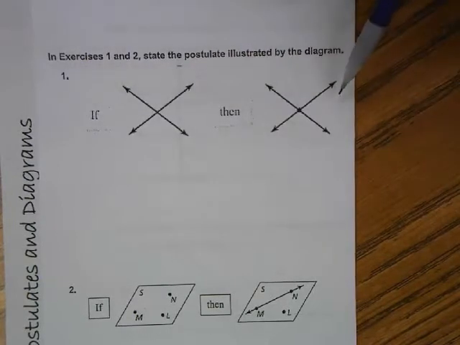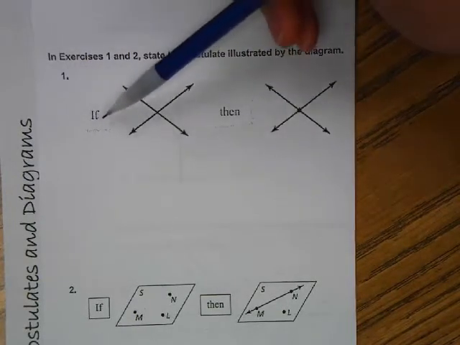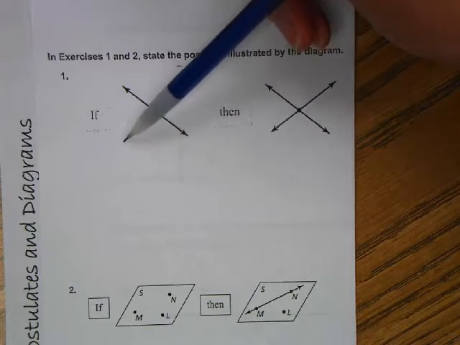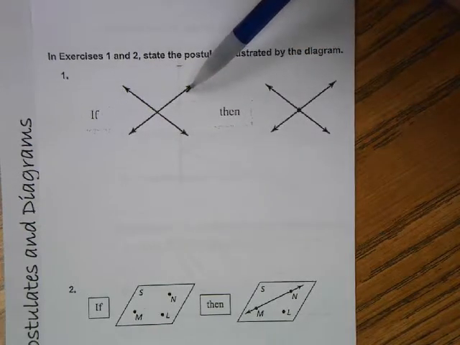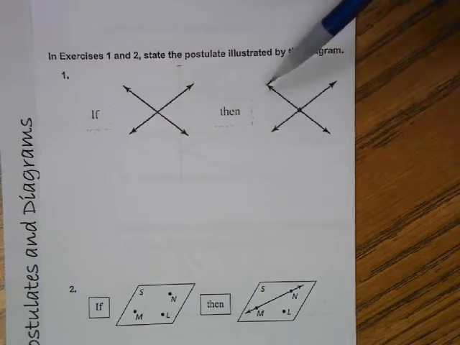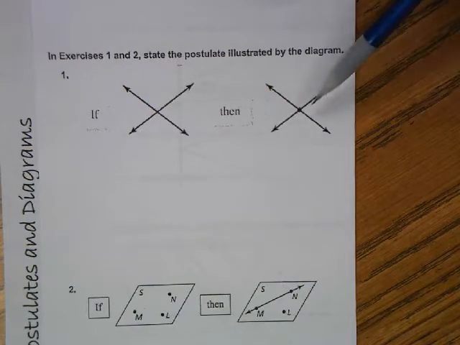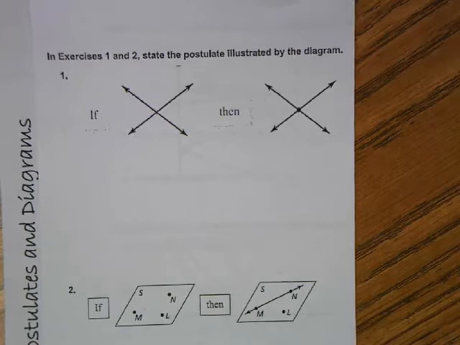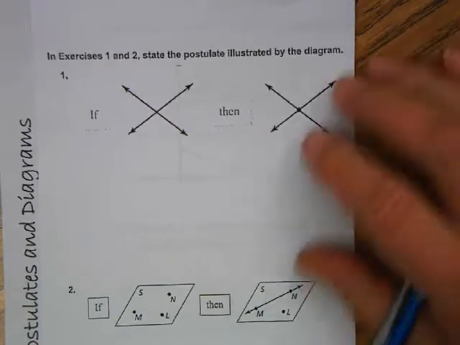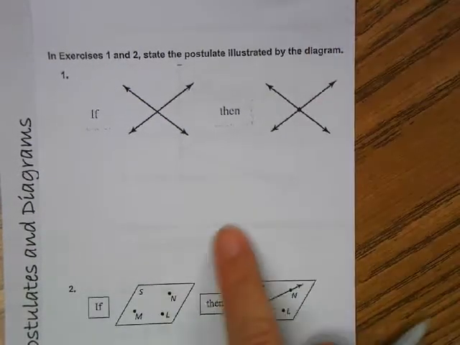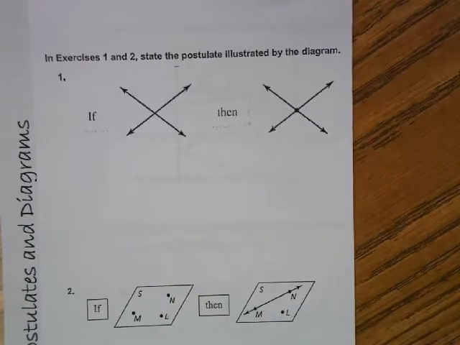Reading this particular diagram, we have a picture of 2 intersecting lines. Then you have another picture of 2 intersecting lines, but this time with a point that shows where they're intersecting. So you're going to match this up with a postulate on page 16.